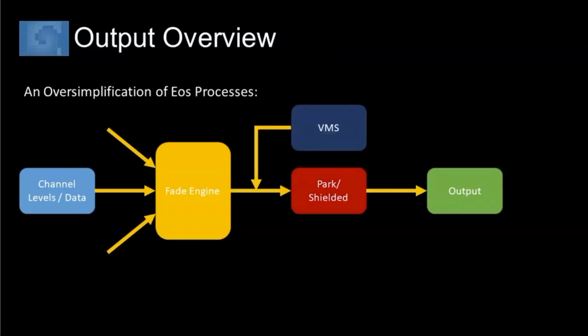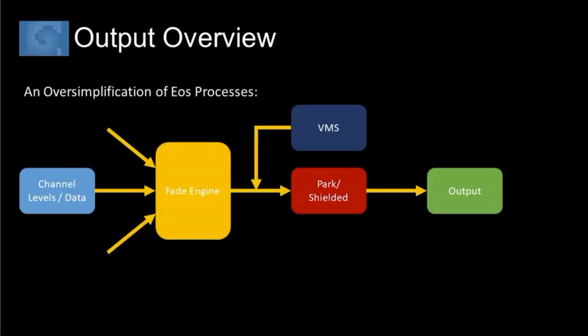When we implemented virtual media servers, one of the ways that we reduced the taxation that VMS takes on the processor is by not putting it through the fade engine. The fade engine, as it kind of leads to, is really complicated, right? And it requires a lot of overhead and processing power in order to make all those calculations real time.